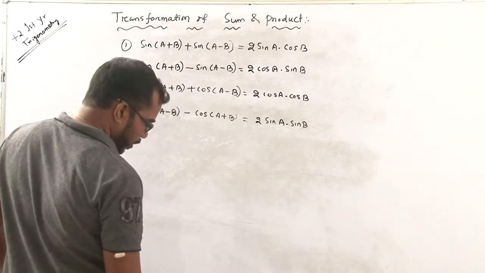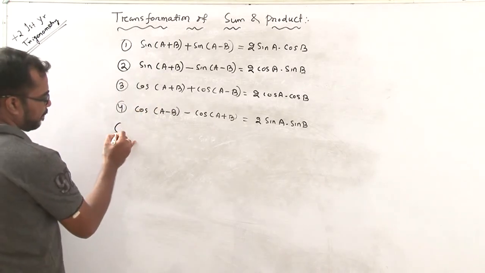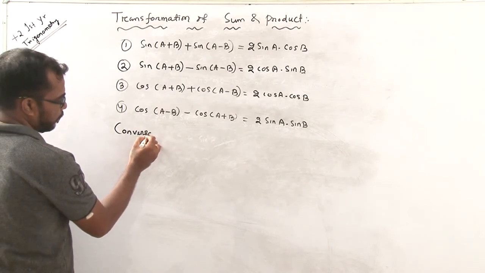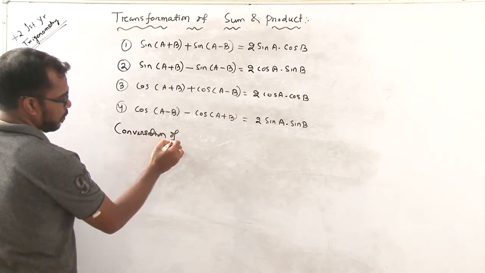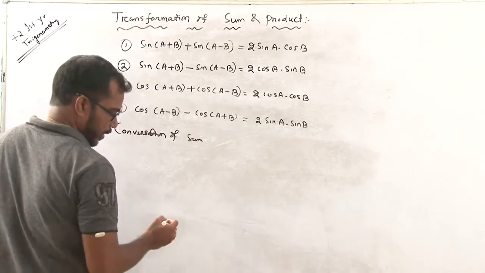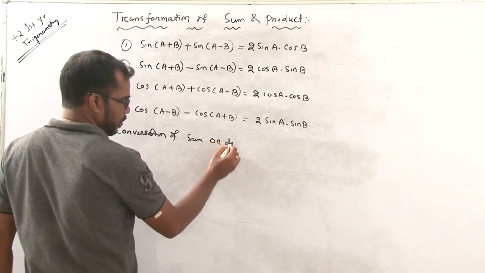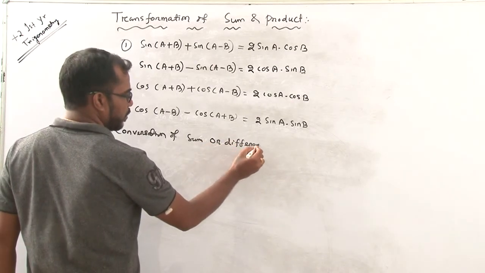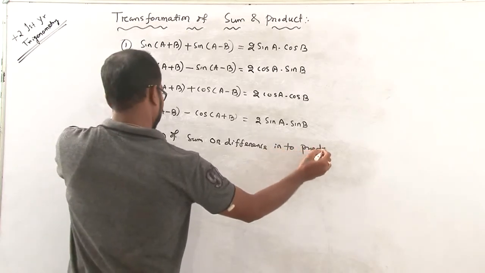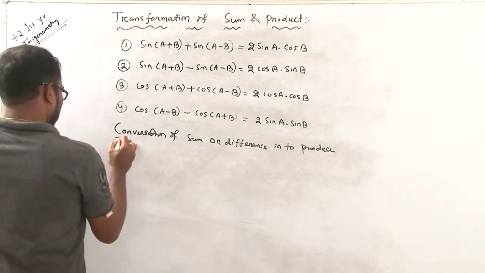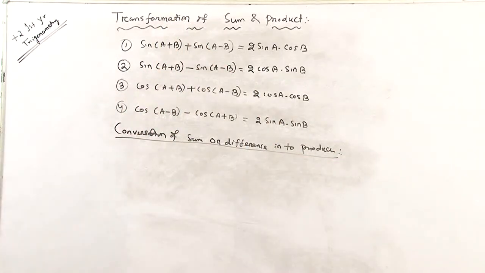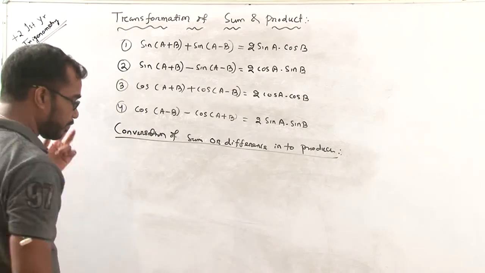Now next we learn the conversion of sum or difference into product. This is the alternate form of the above four formulas.